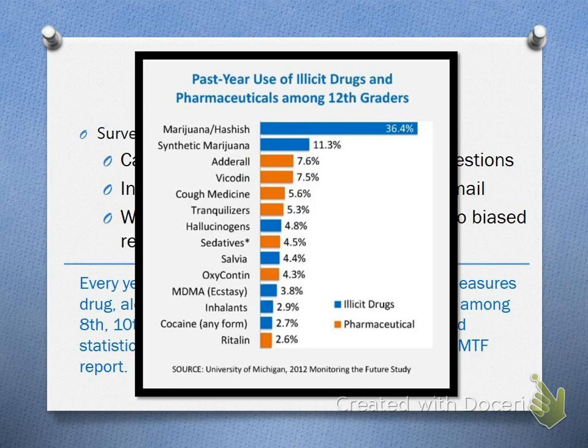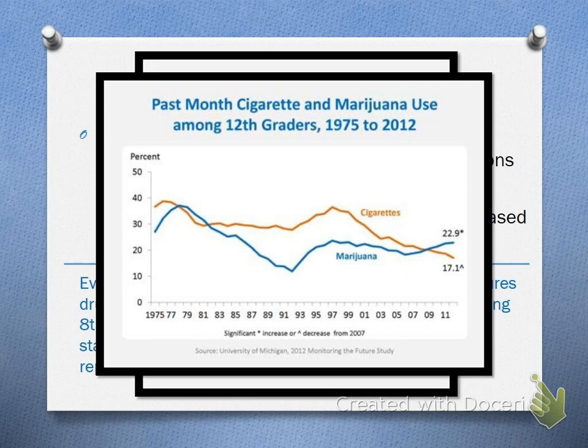Things like that. And by having that data, you can start driving decisions on how to maybe prevent those acts. And from that data, we were also able to tell that from 1975 to 2012, cigarette and marijuana use has gone down, but we've also found out that marijuana use has overtaken cigarette use among 12th graders, among you guys, right? That was, again, from the MTF survey in 2012, right?